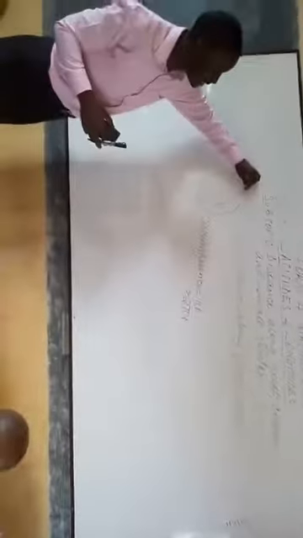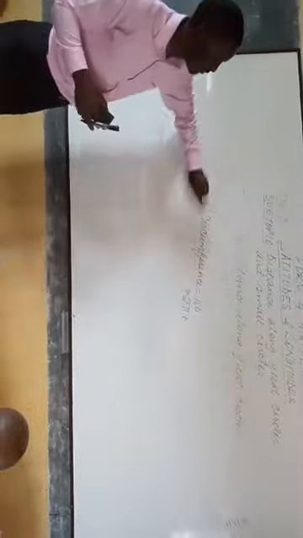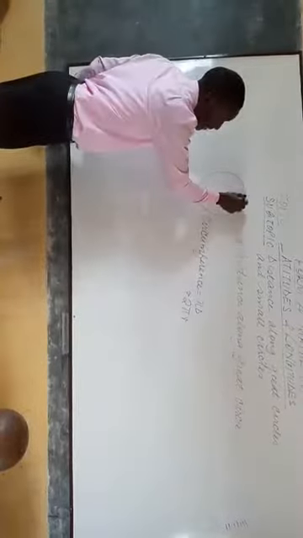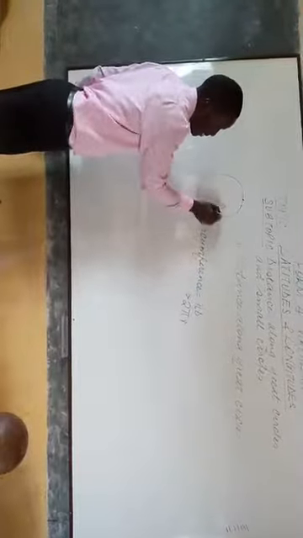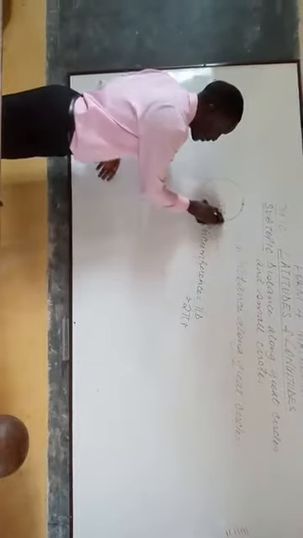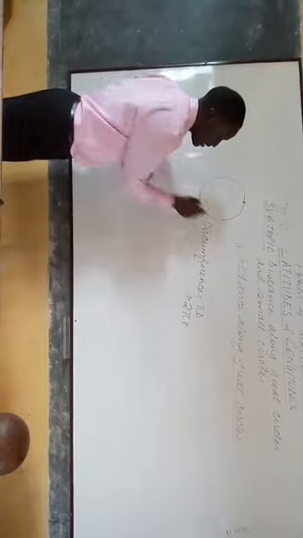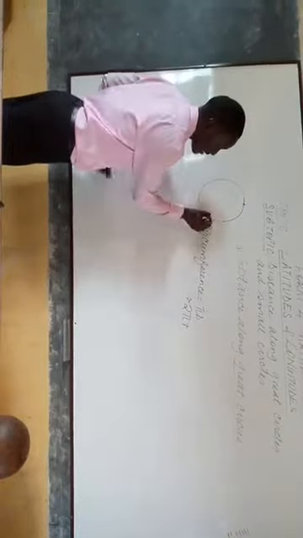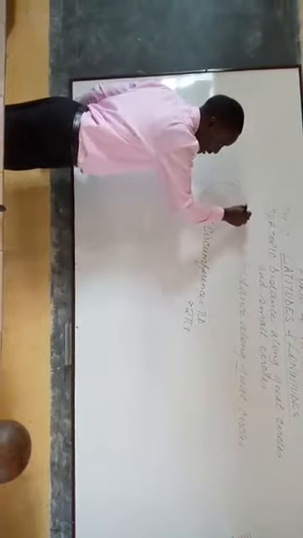Now from there, we went a step further and started asking ourselves, what if we are not interested in the distance all around the circle, we are only interested in a part of that. Let's say we are interested in just knowing that distance. Allow me to make it a bit thick.